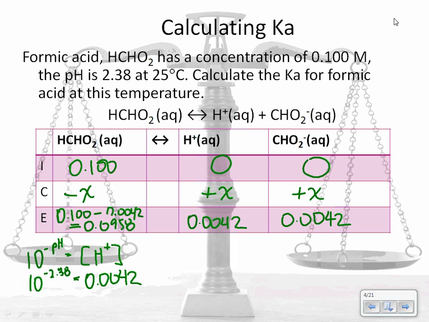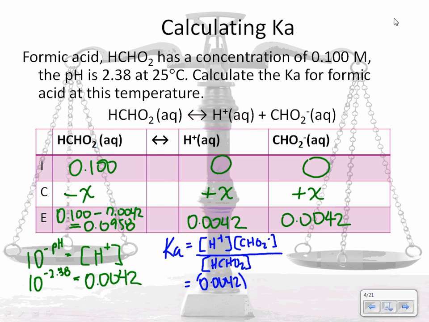So now I'm going to do the actual Ka expression in blue. In this case, my Ka expression is H plus times CHO2 minus all over HCHO2. So now I just plug in my numbers from my ICE chart, and I end up with 0.0042 times 0.0042 divided by 0.0958.